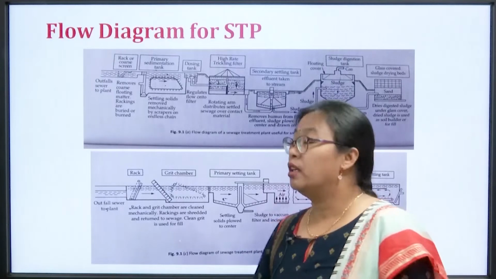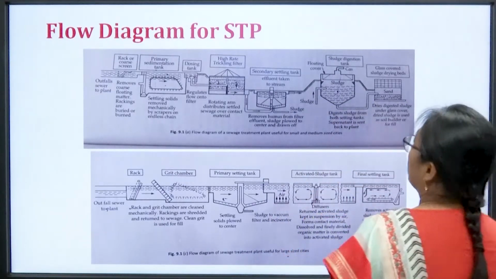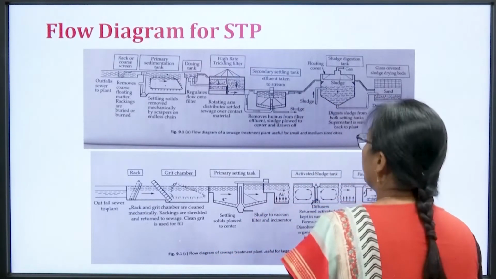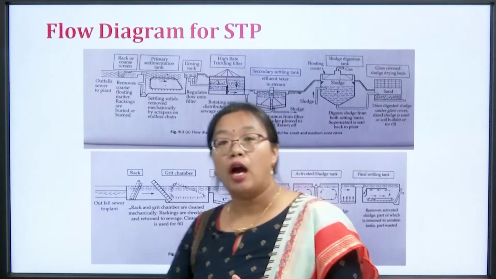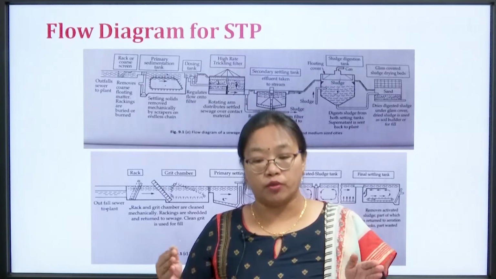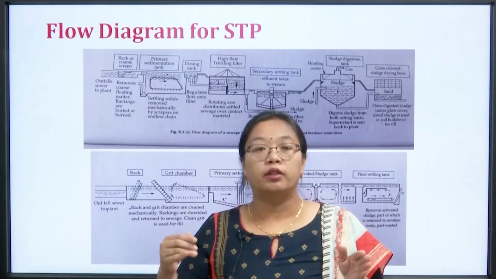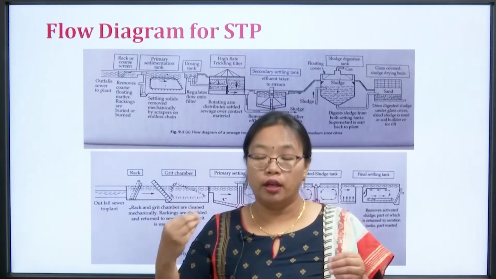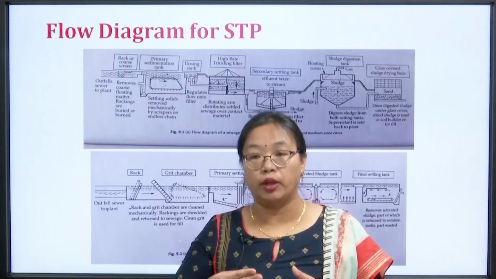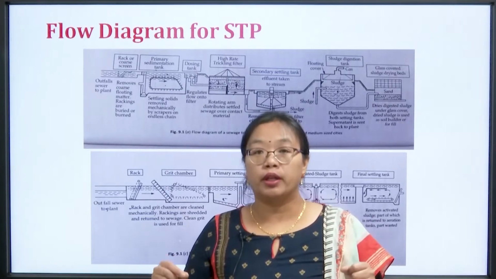Now, this is a flow sheet for some examples of an STP, or sewage treatment plant, or a wastewater treatment plant. There is no hard and fast rule that you have to follow a particular sequence, like this will come after that. That will depend on the condition of the influent, your temperature, and the working conditions.